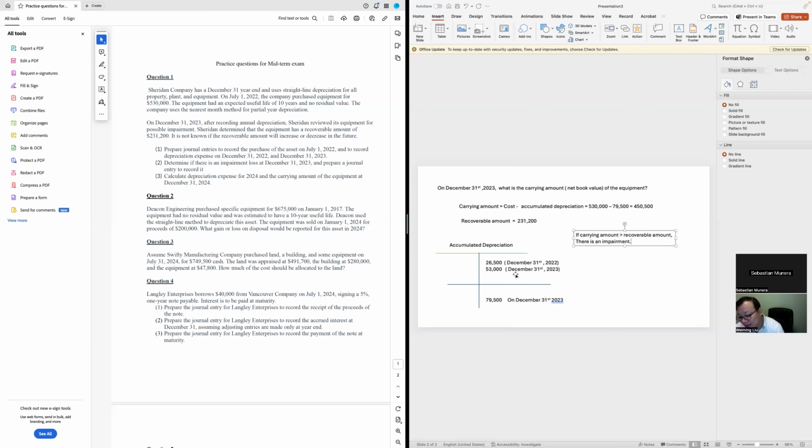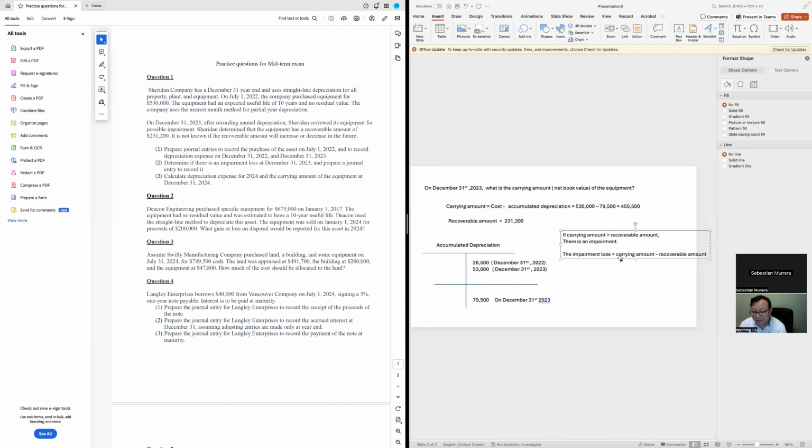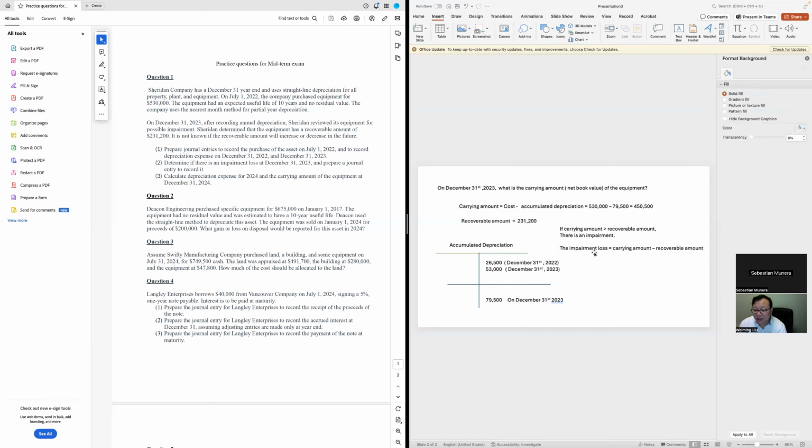If carrying is higher than recoverable, then there's an impairment, and the impairment loss equals carrying amount minus recoverable amount. So in this case, can you tell me, is there an impairment?